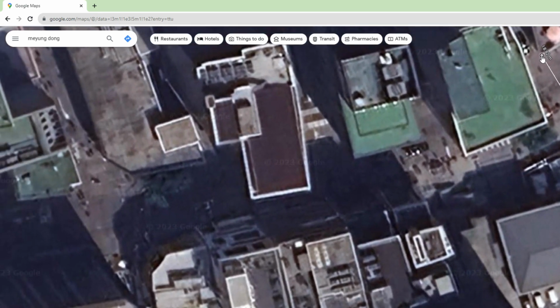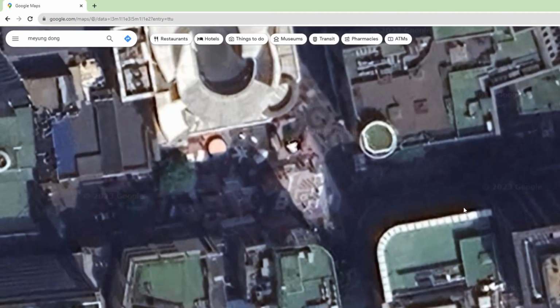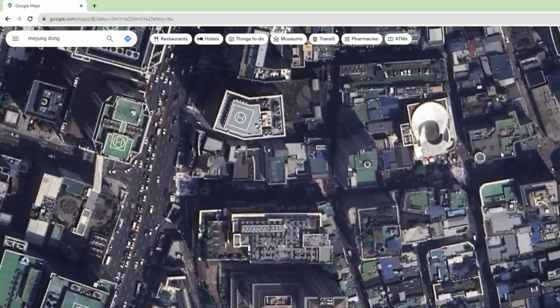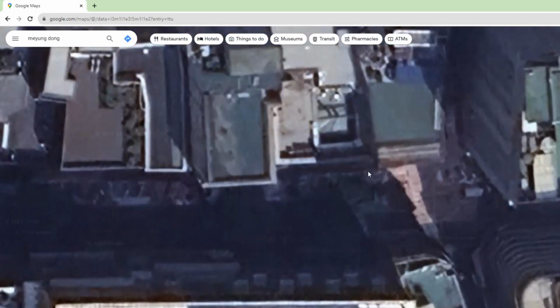As I measure here, Myeongdong walking street is around 17 to 20 meters wide. And because it's only for pedestrians, there's no sidewalk.